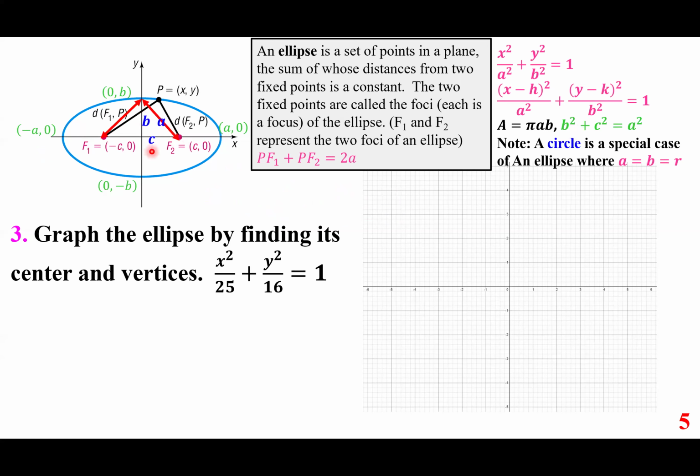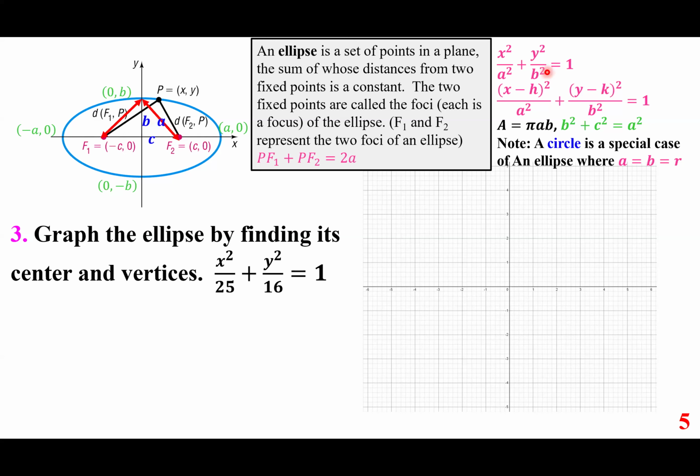This distance is B. This distance is A. By Pythagorean theorem, B squared plus C squared equals A squared. Why is this equal to A? Because if you pick the point to be here, these two must add up to 2A. Each one must be A. So I hope you see all the proofs there.